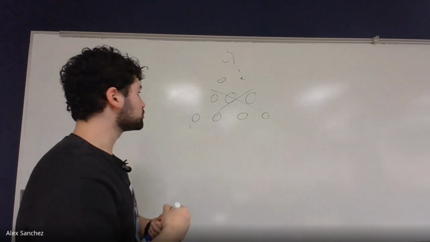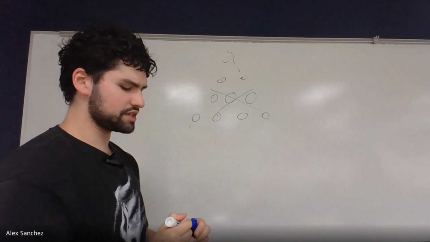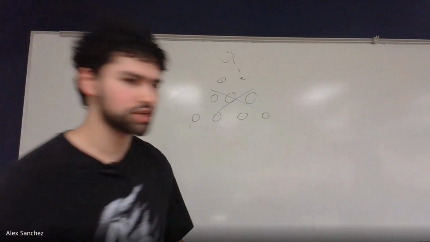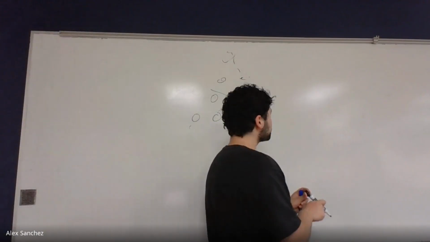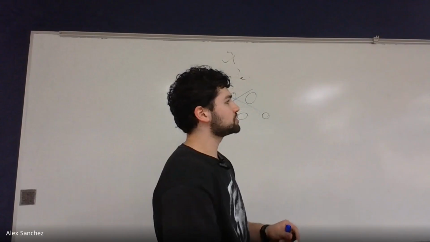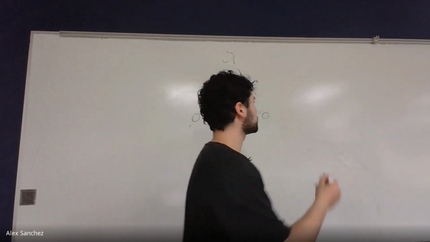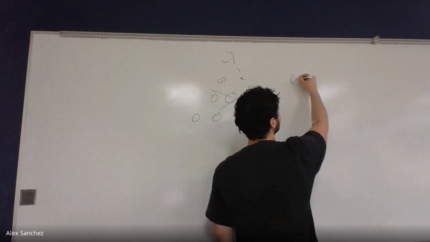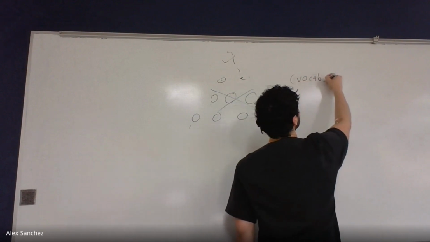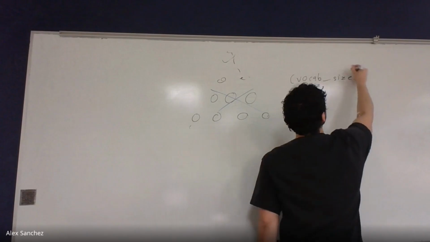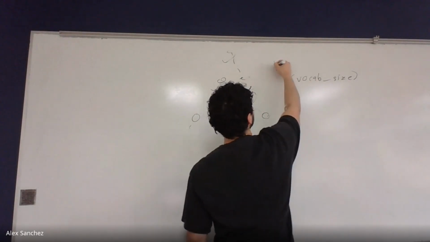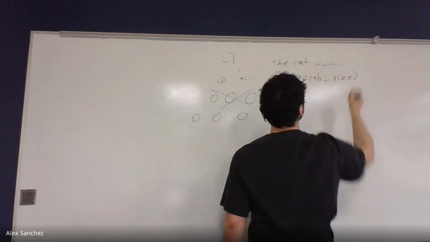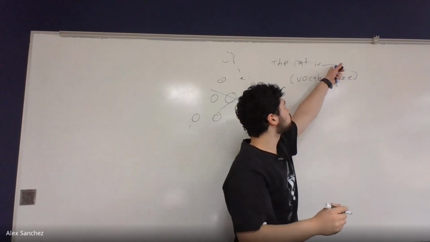The reward model that we use is literally the exact same principle. So we have our GPT model, our transformer. The output of a transformer is of size vocab size. We have a sentence, the cat is blank, and we want to predict this token.